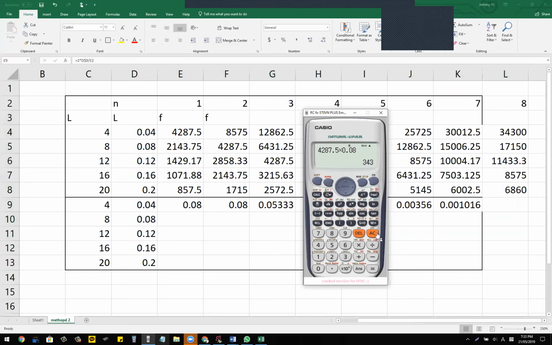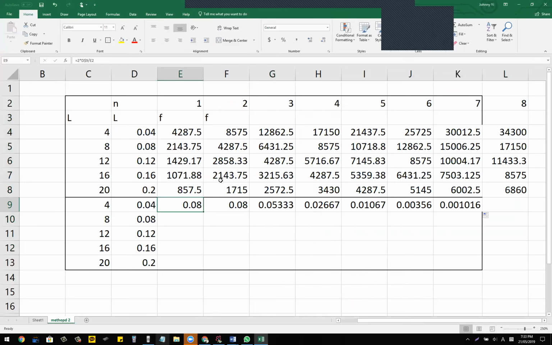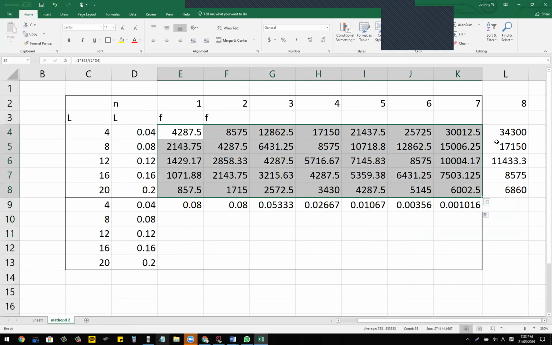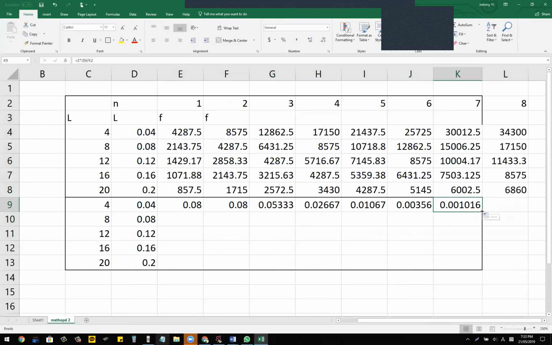Right. Okay, so I can also just calculate all of these by dividing this by the speed of sound. So that was 2 times this divided by that. So 2 times this divided by that. Put a dollar sign there.